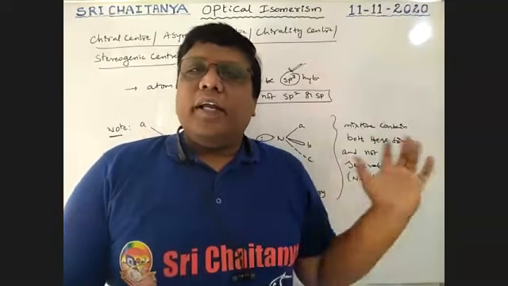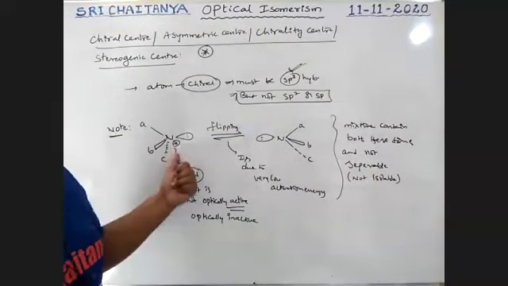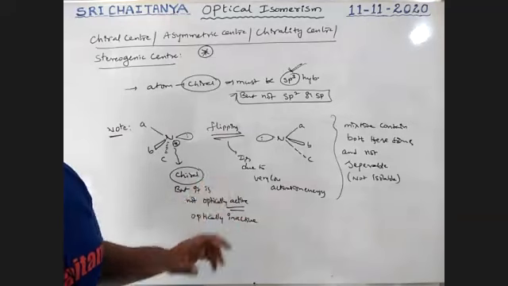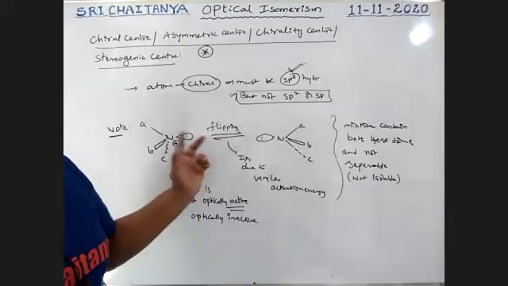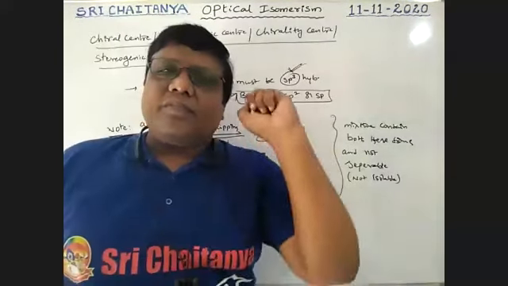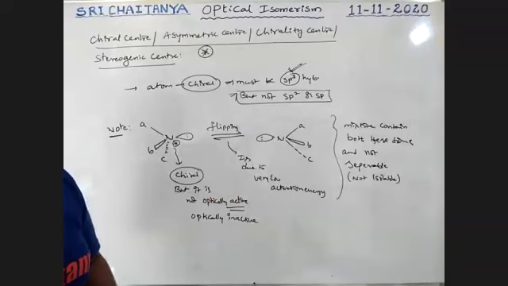So that is why it is optically inactive even though it has a chiral center. This nitrogen is chiral nitrogen, but it is optically inactive. Why, sir, does this flipping take place? That flipping requires very, very little energy. It is easy to gain, boys. So very low activation energy is required.